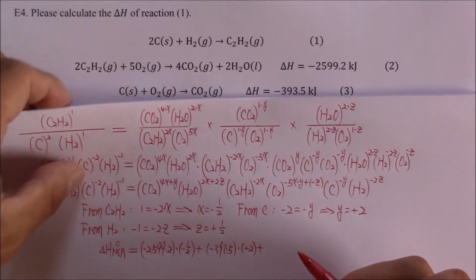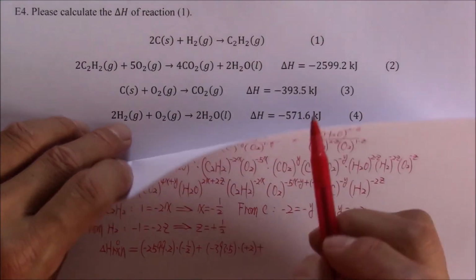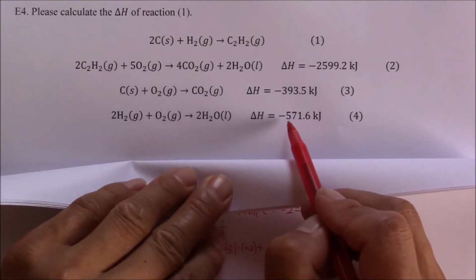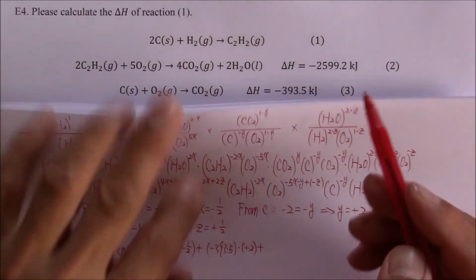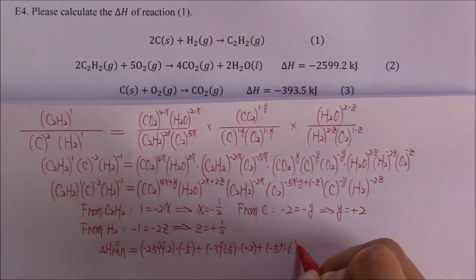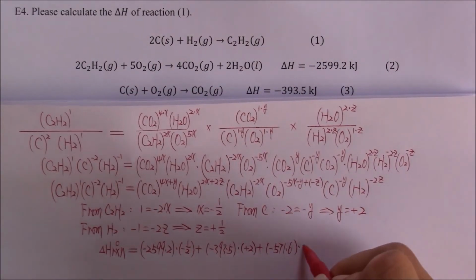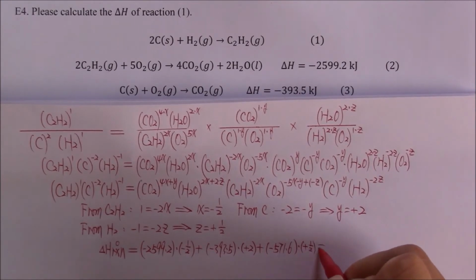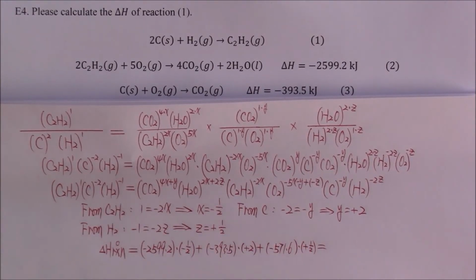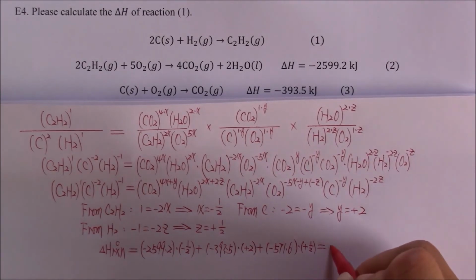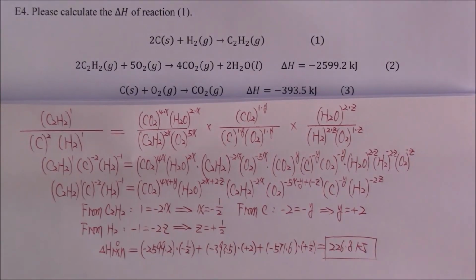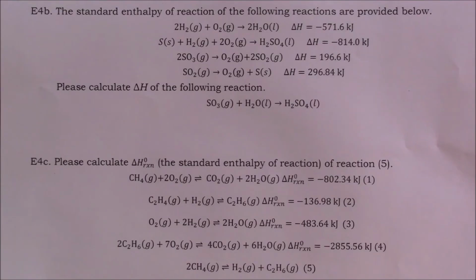Then we add the third delta H, which is negative 571.6. Multiply Z, which is positive half. After you plug all the numbers into a calculator, you will get 226.8. We're done. Can you answer these 2 problems by yourself?